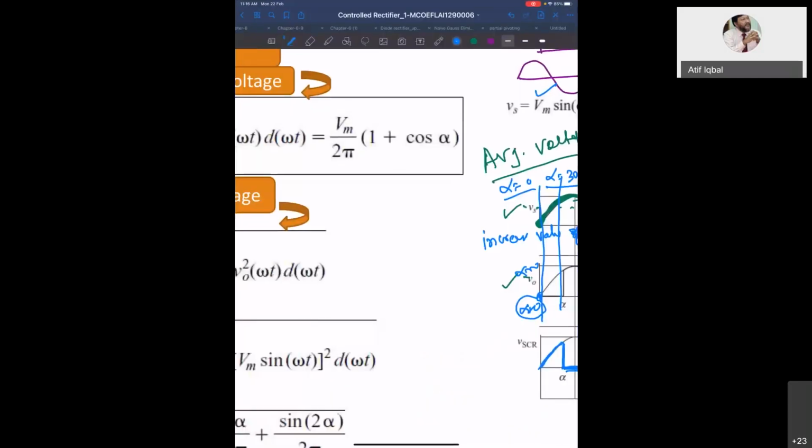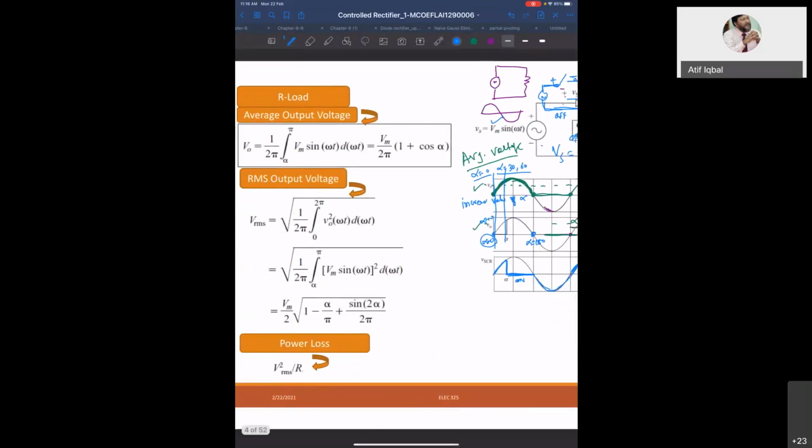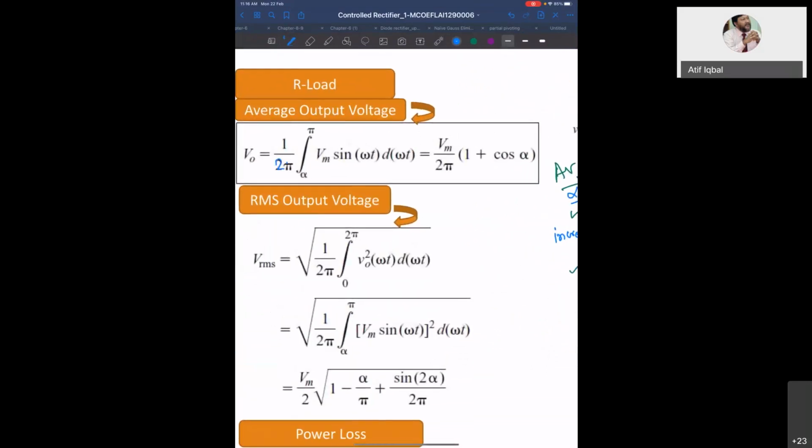Now let us do this mathematical calculation. The total period is 2 pi. So it is 1 by 2 pi, and integration should be from alpha to pi. In the case of diode, it was 0 to pi. In case of thyristor based, it is alpha to pi.